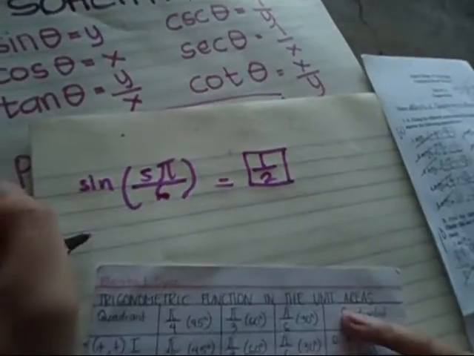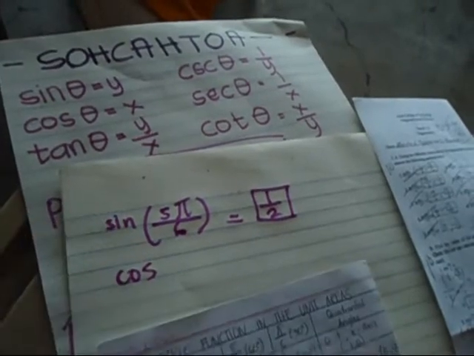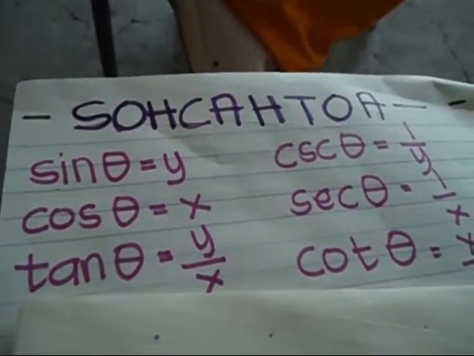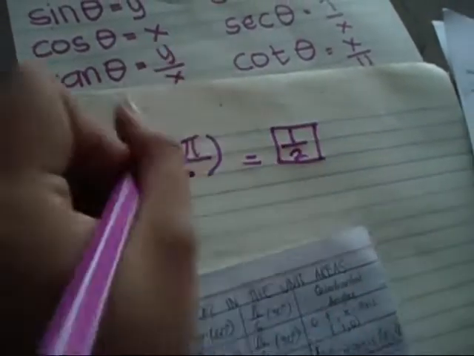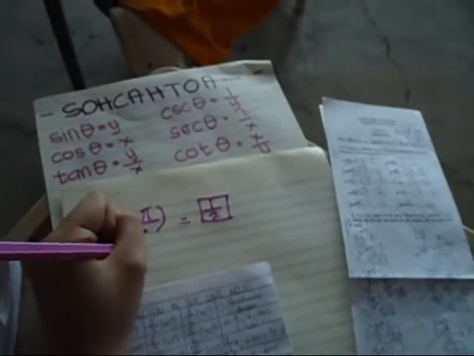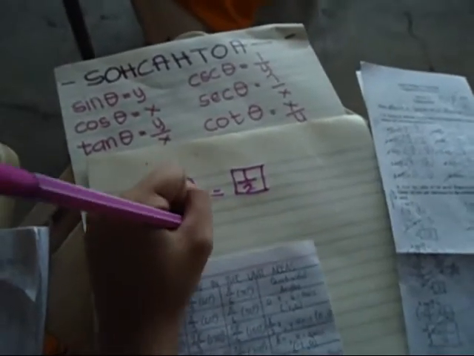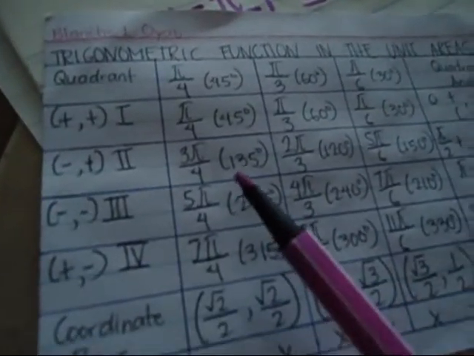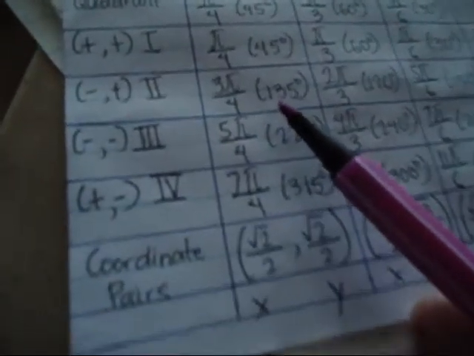Next, our example is cos theta. The example is cos of 3 pi over 4. Using your index card, you find 3 pi over 4.